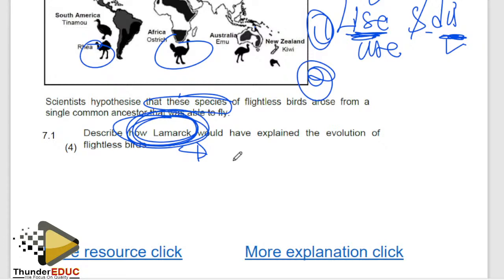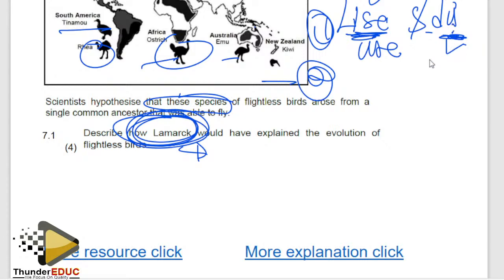They passed this character, not allele, because this one doesn't talk about alleles. They passed this character. Which character? Of not being able to fly to the next generation. Then leading to these birds which are not able to fly. So that's how you're supposed to explain this. In this case, they are bringing about disuse.